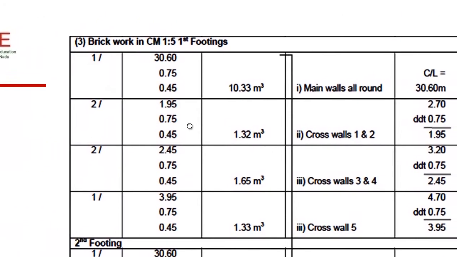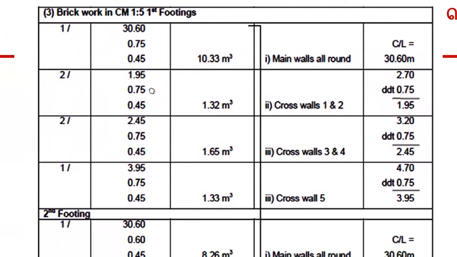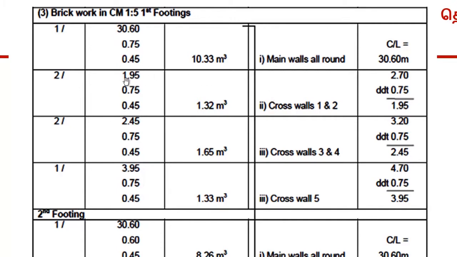So the length of cross wall 1 and 2 is 1.95, breadth 0.75 meter, depth the same 0.45 meter.